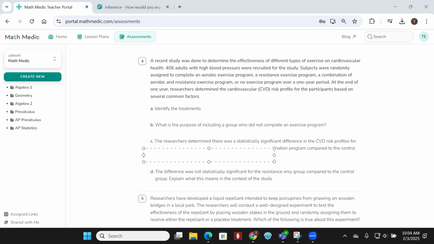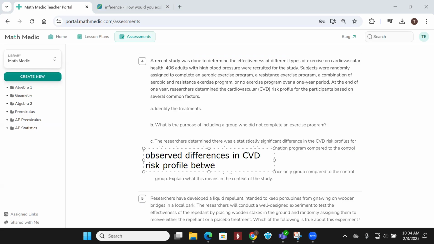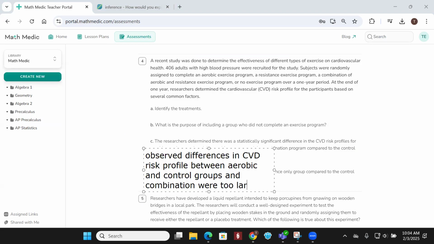We would say that the observed differences in CVD risk profile between the aerobic and control groups and the combination group were too large to attribute to chance alone.